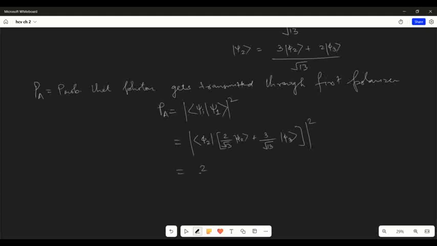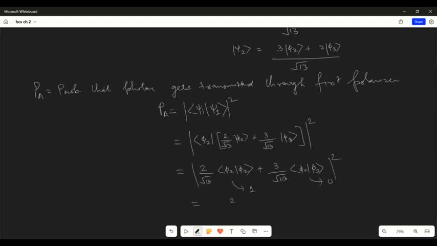So 2 by root 13 phi 2 with phi 2, plus 3 by root 13 phi 2 with phi 3. The first will be 1 and these are orthogonal states, so the second will be 0, and obviously it's mod square.